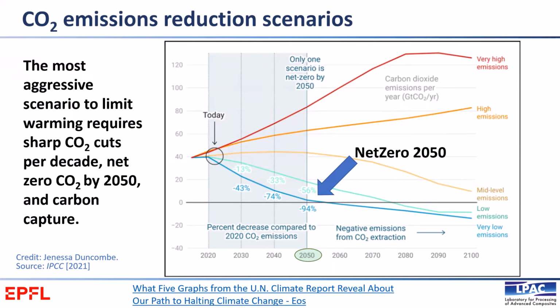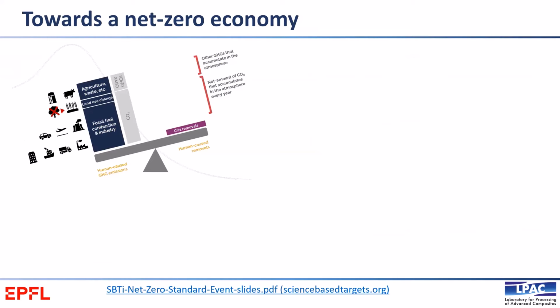Okay, so how are we going to do this? How do we suddenly change these curves that are growing like this to make them turn and then start to come down? Are we going to have a plateau before they turn? No one knows, okay? So these are projections. What we're looking at is the sum of human-caused greenhouse gas emissions and what we can remove from the atmosphere.